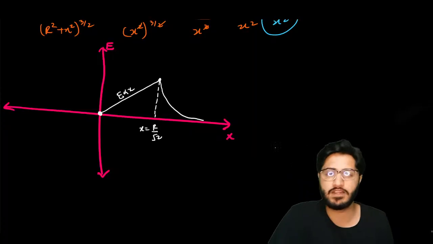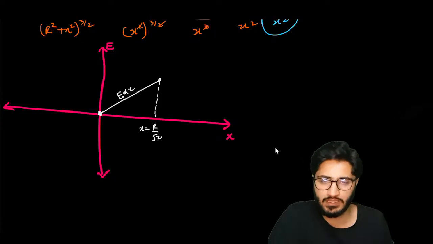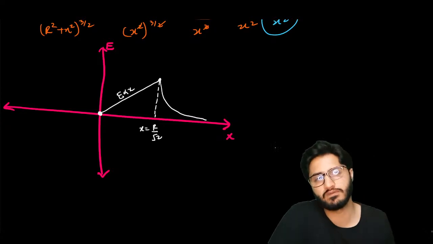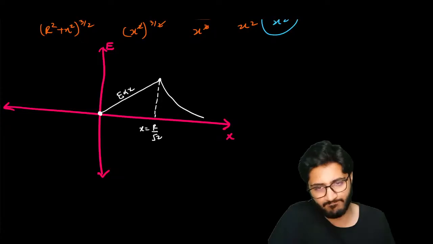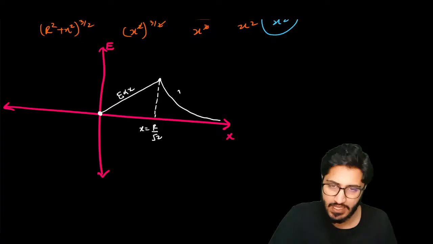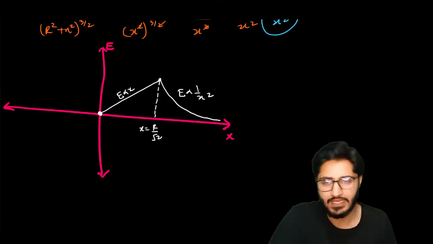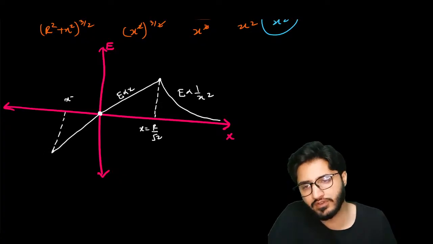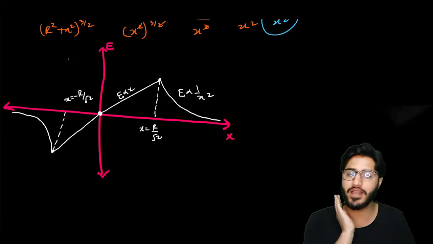It is not 0, it will decline like a hyperbola, E proportional to 1 by x square. In the same way, if you go the negative way, it will be at x equals minus r by root 2, and it will go in this way. This is how my graph looks like.